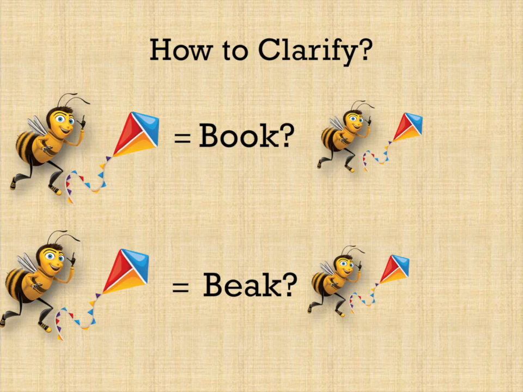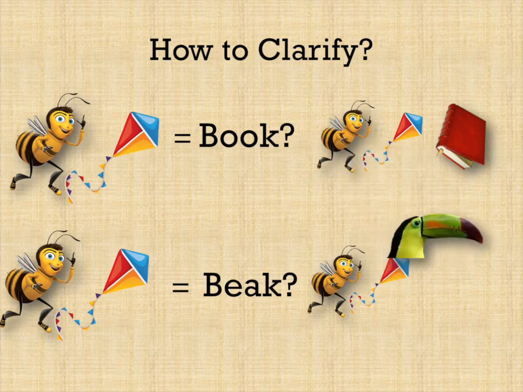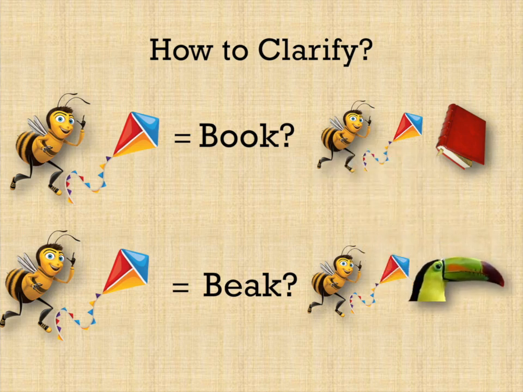They included a pictogram. So if I mean book, I have a picture of a book, and I have the sounds of that picture. And if I want to say beak, I have a picture of a beak, along with the sounds of beak. This element at the end that helps us to clarify the meaning is called a determiner.